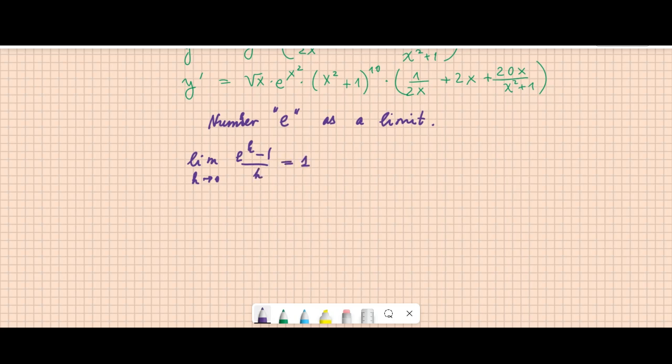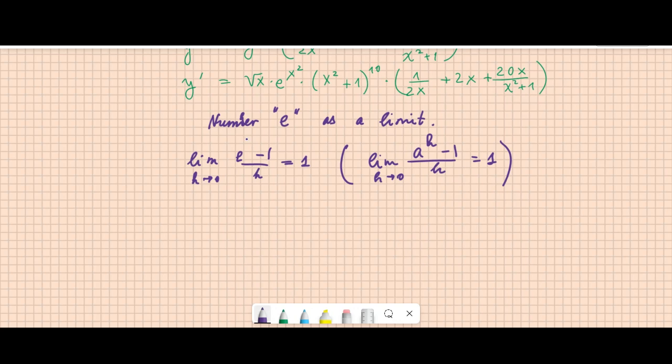So we were actually defining e as a number which fits over here and turns this limit into 1. So if you find a for which the limit is equal to 1, that's going to be e, right?